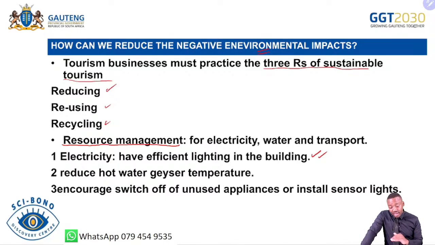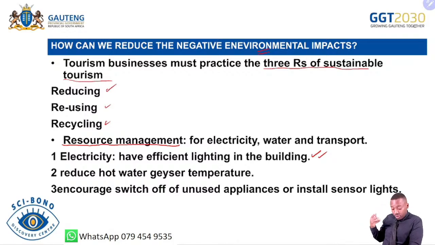The second thing under electricity, if you want to save or to reduce your impact, is that you may also encourage your guests to switch off unused appliances or install what? Sensor lights, right? Immediately when they sense that there's a shadow of someone moving in the house, they will go on.